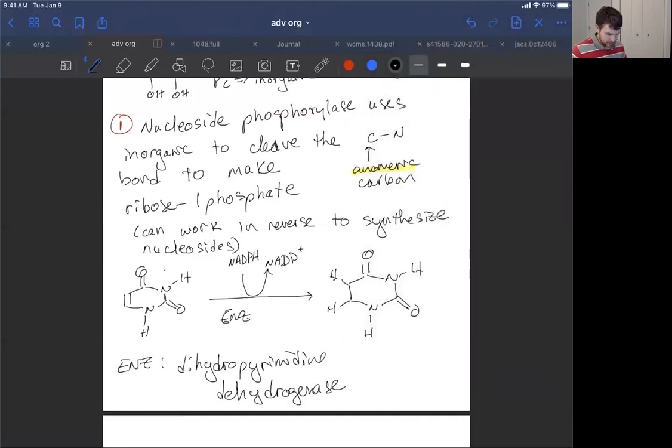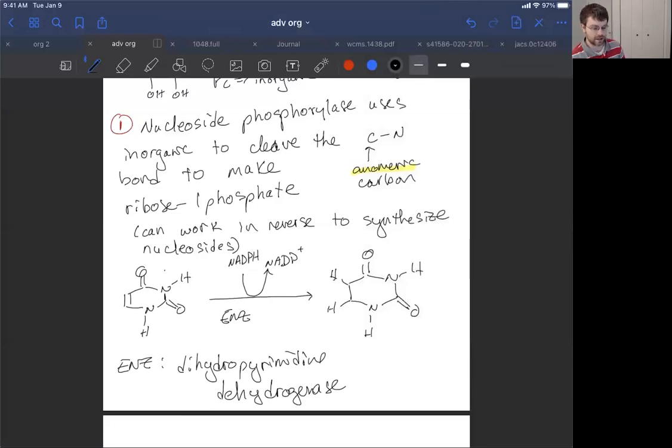Now, why is it dihydropyrimidine? That's a big word. Well, we've seen pyrimidine before. That's the parent heterocycle to these nucleosides, the six-membered ring with two nitrogens alternating. Uracil is a pyrimidine. And so that's where the pyrimidine part comes from. But why dihydro? Well, remember, this is named for the opposite case where we're working backwards. We have a pyrimidine on the left, or an oxidized version of it anyway.